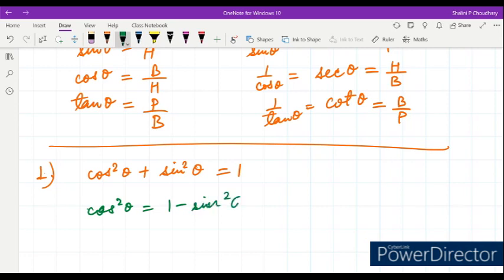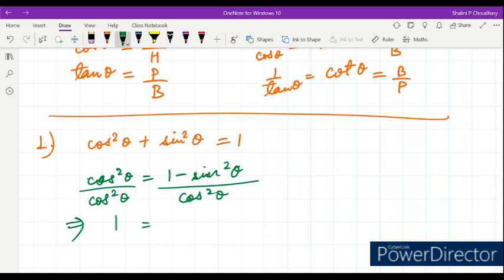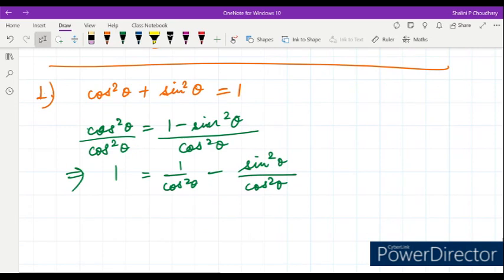Okay, can we write like this? Now if we divide both the sides by cos square theta, what will we be getting? This will be 1 upon cos square theta, and this will be sine square theta upon cos square theta, right?